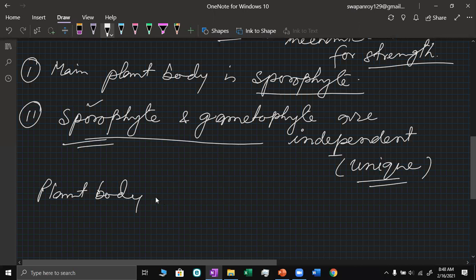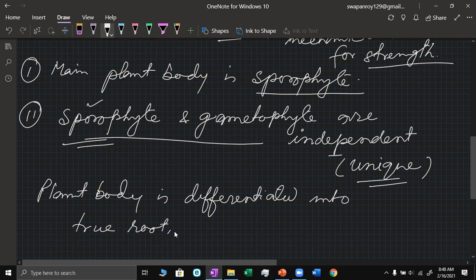Plant body is differentiated into true root, stem, and leaves.